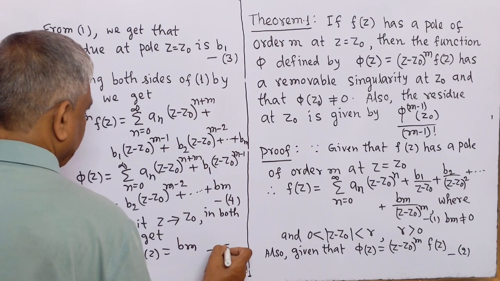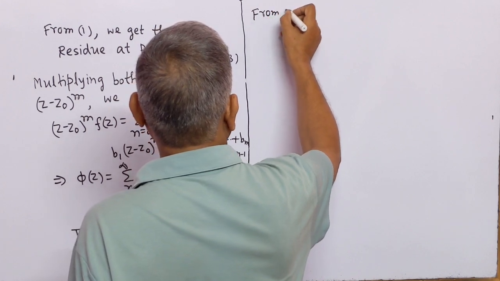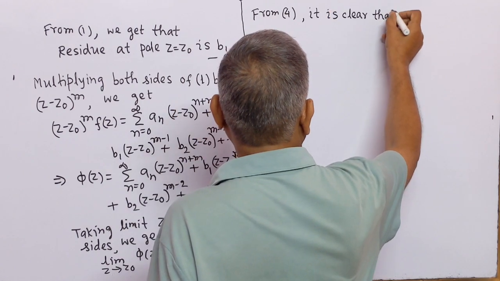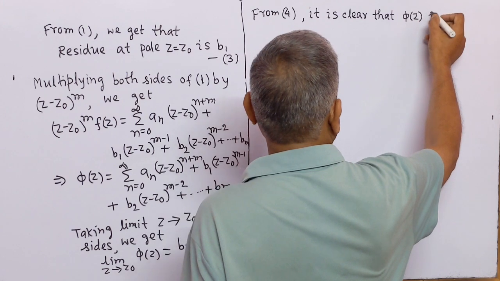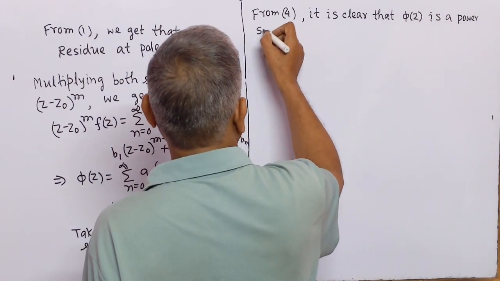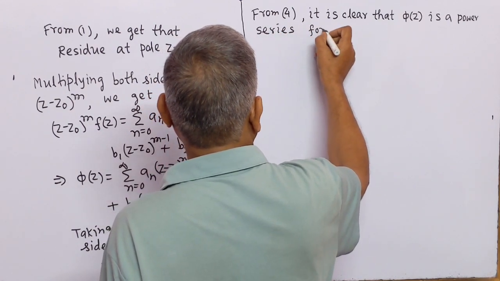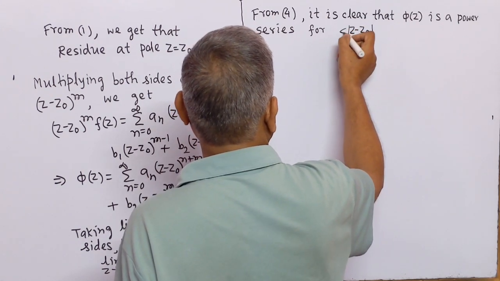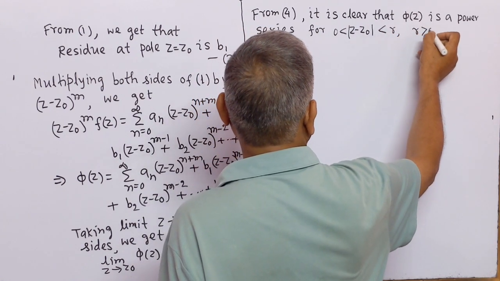This is number 5. From 4, it is clear that phi(z) is a power series for modulus of z minus z naught greater than 0, less than r, where r is greater than 0.